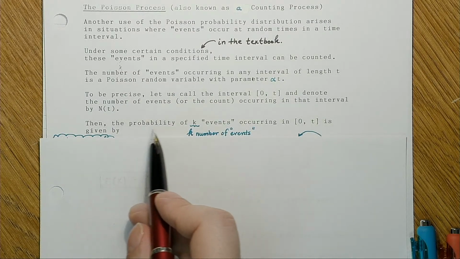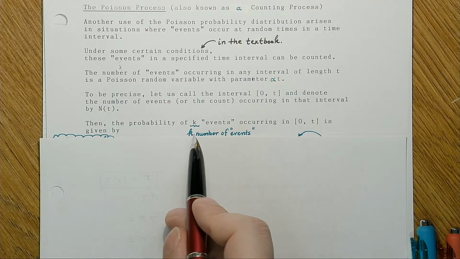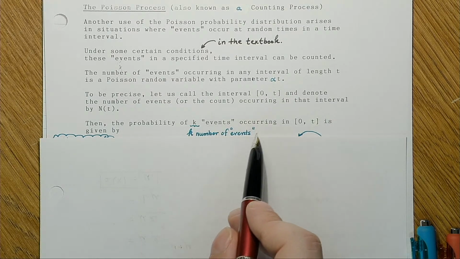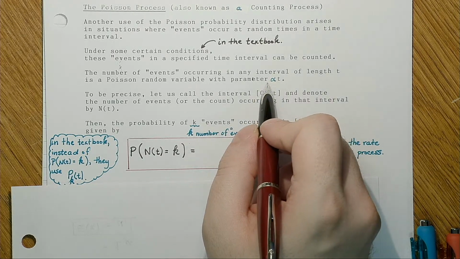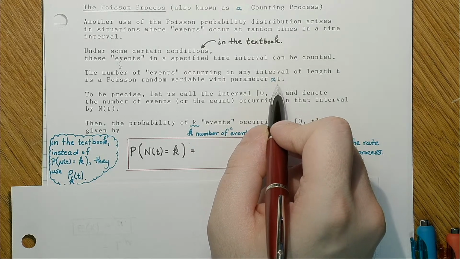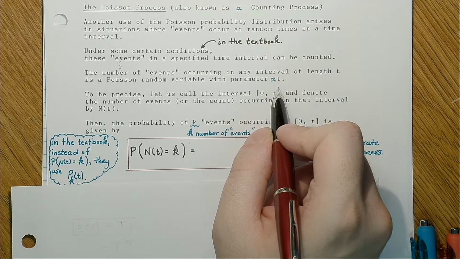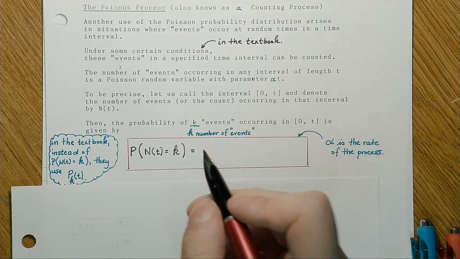So then the probability of the number of events k, so we'll say that it happens k times in that interval is, and this is where I have to write it in, but all I'm doing is just replacing this parameter alpha t in the Poisson distribution.